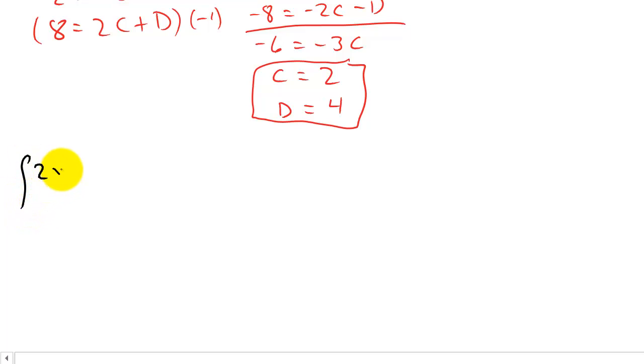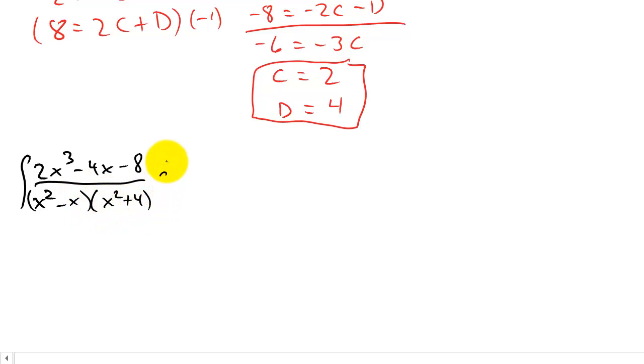So that's the integral of 2x cubed minus 4x minus 8 over x squared minus x times x squared plus 4 dx equals the integral.